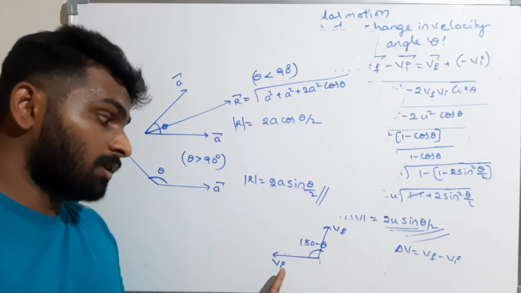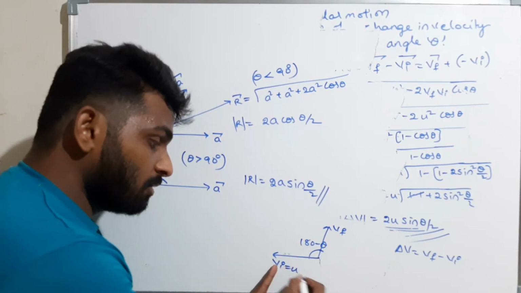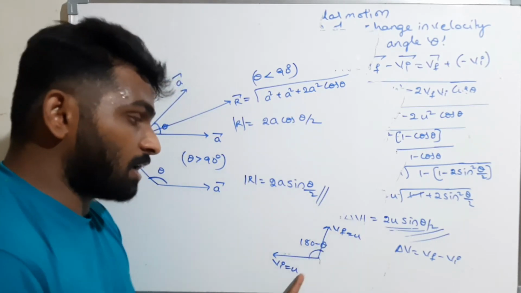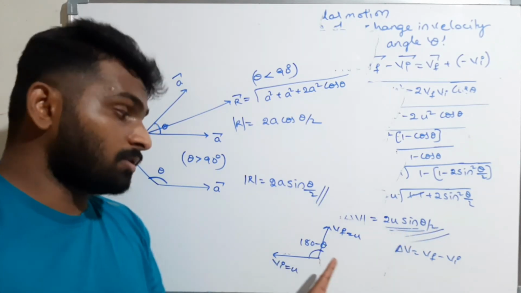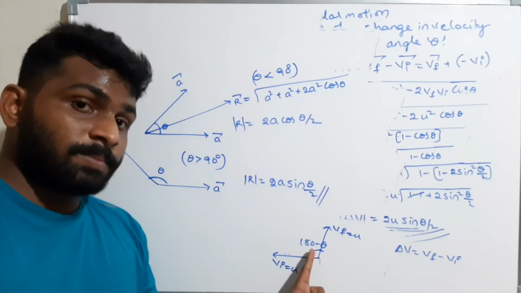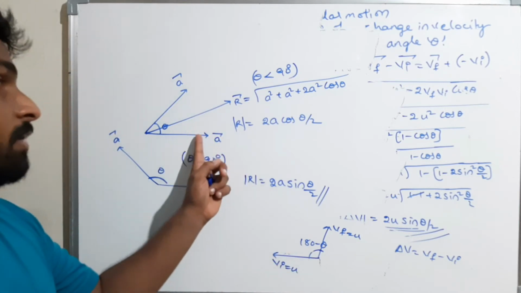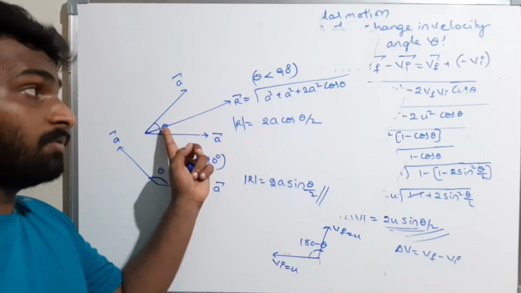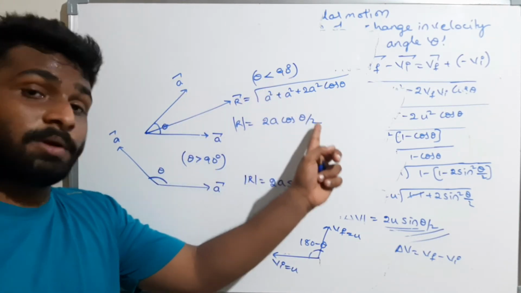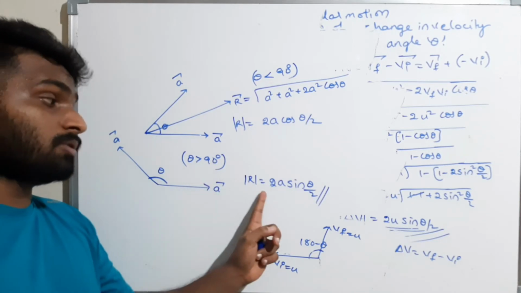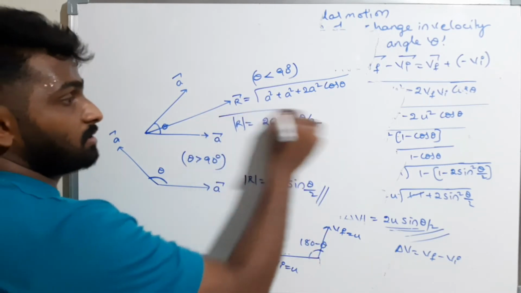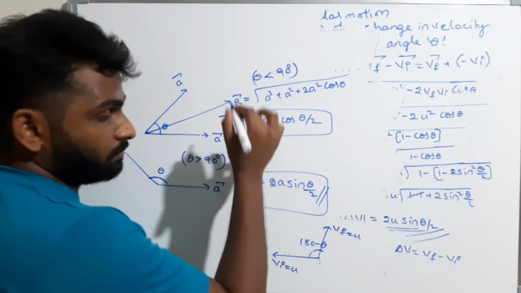So V initial has magnitude U, V final has magnitude U. The final answer is 2U sin theta by 2, because the angle is greater than 90. I think this is clear. If two equal vectors make some angle theta, and if theta is less than 90, then it is 2A cos theta by 2. If the angle is greater than 90, that is 2A sin theta by 2. Please remember these results. Very important.